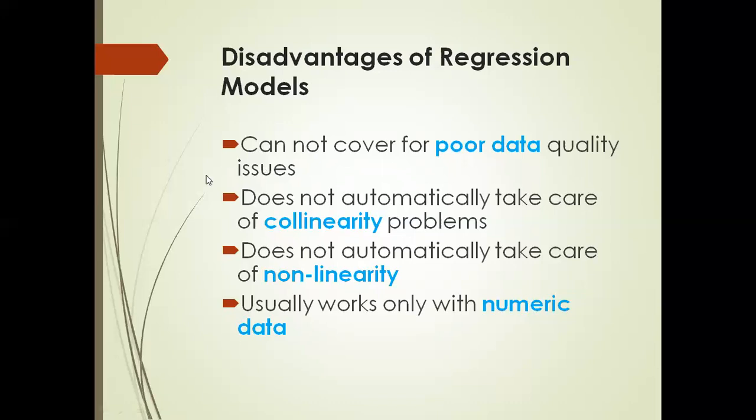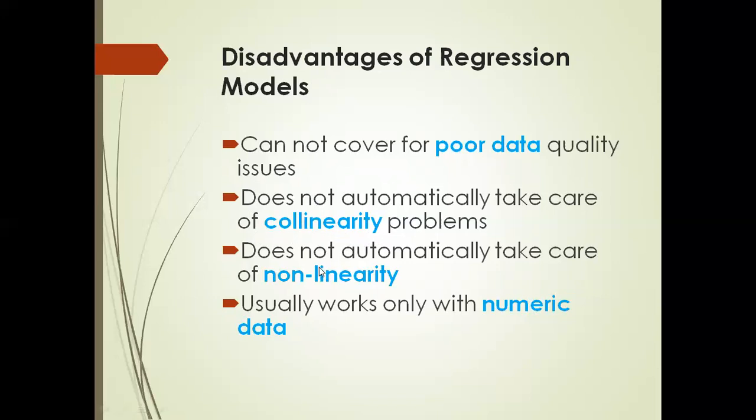It is very difficult to validate the model, so it cannot cover poor data quality issues. The second one is that regression models suffer from the collinearity problem. What do you mean by collinearity? Strong linear correlation among some independent variables. We call that a collinearity problem.